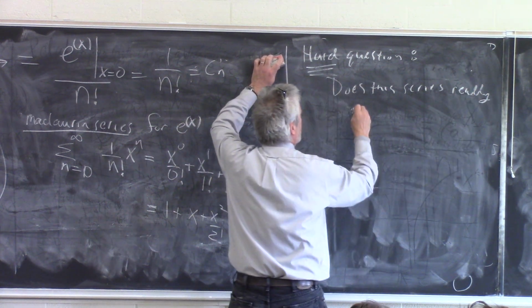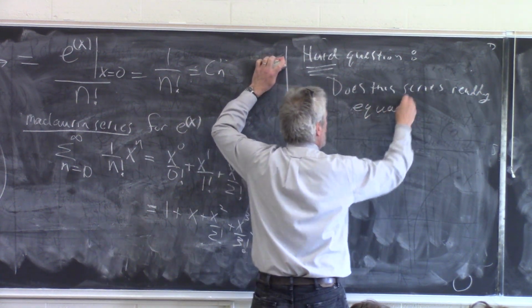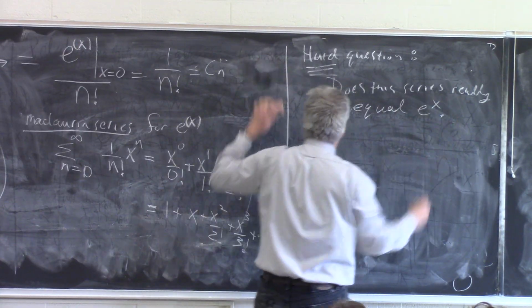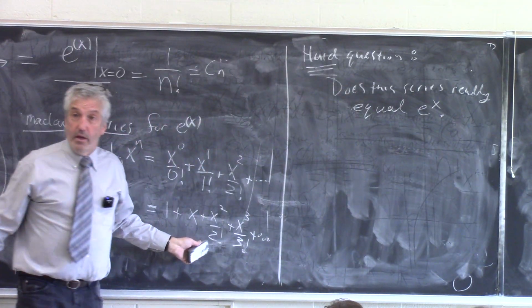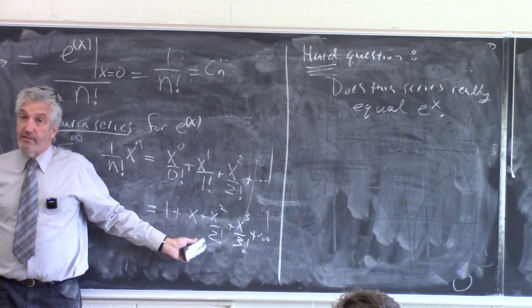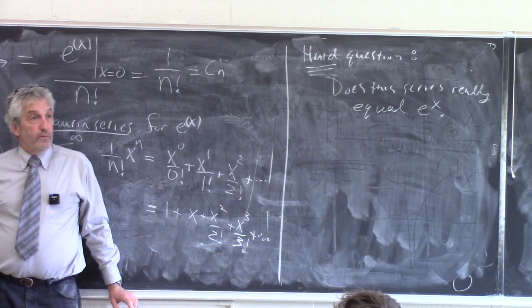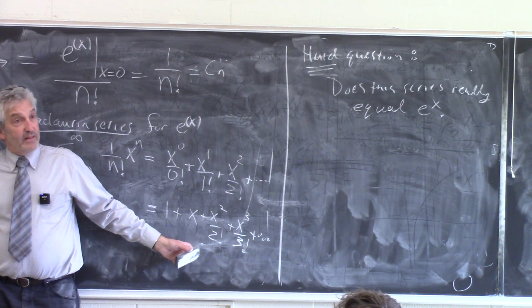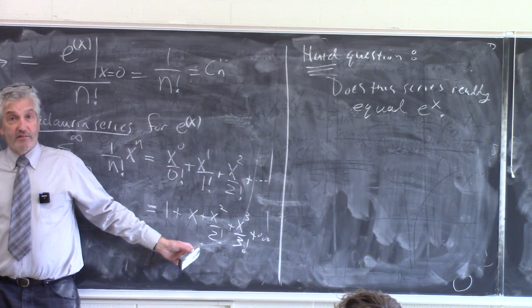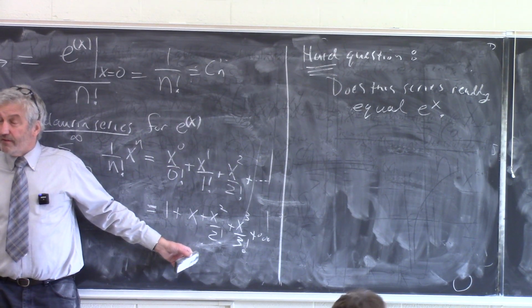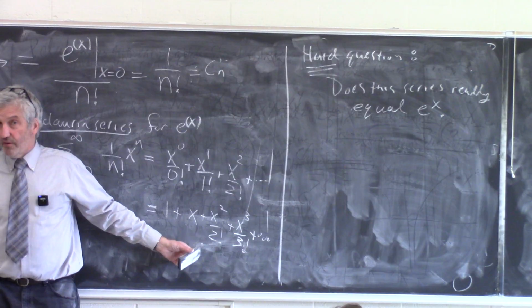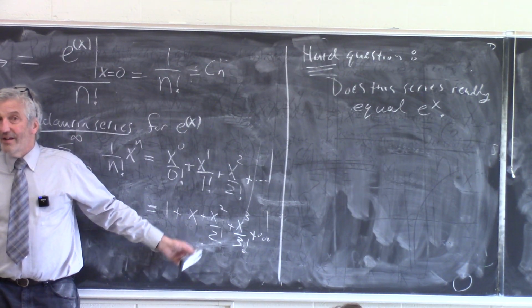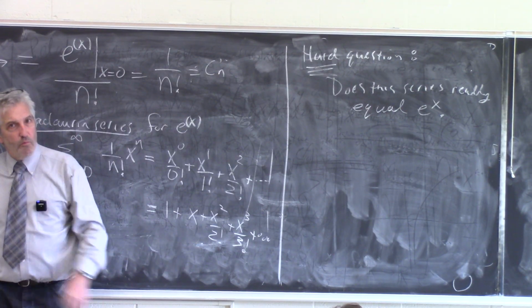So does this series really equal e to the x? Again, we have a series, and from previous techniques, we proved that the radius of convergence of this series is infinite. So this series converges for all x. So in fact, this series does represent some function. But is that our function? Is it the function that we wanted it to represent?